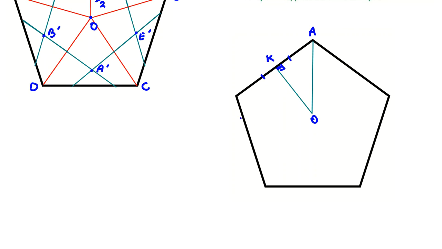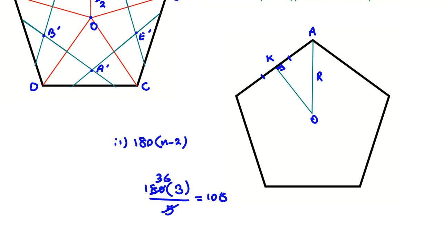We know this one is K, and this one is R. The angle: the formula for the sum of the angles is 180 times n minus 2, so 180 times 5 minus 2, over 5, which is 108. So this angle will be 54, and this angle will be 36. OA is R. So sine 54 is OK over R, so OK equals R times sine 54.